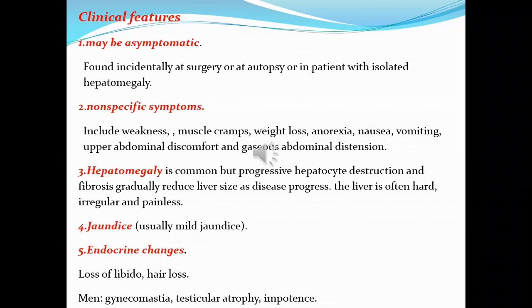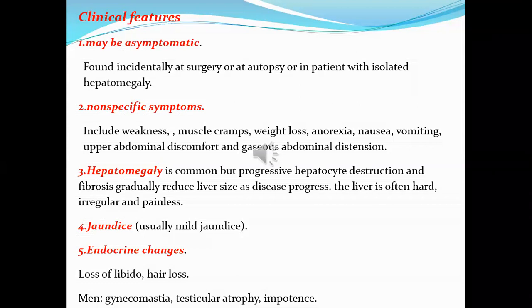Second, non-specific symptoms include generalized weakness, muscle cramps, weight loss, anorexia, nausea, vomiting, upper abdominal discomfort, or abdominal gas. Non-specific GIT symptoms may be the first presentation of liver cirrhosis. The patient may come to you with hepatomegaly.